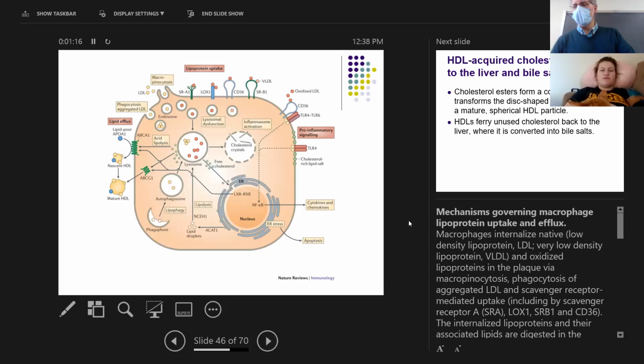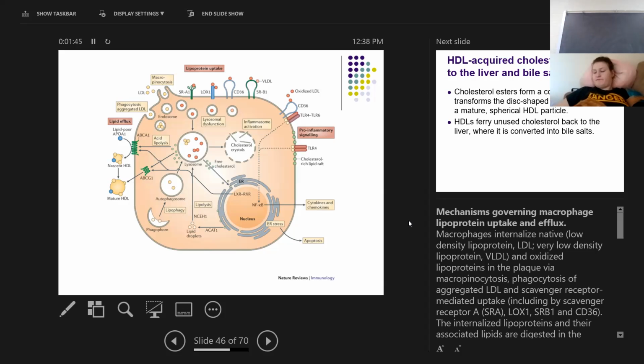So here, this is from a review from Nature Reviews Immunology that looks at macrophages and their ability to take up and then get rid of excess cholesterol. You can see there are all these receptors that can take up both modified and unmodified cholesterol.